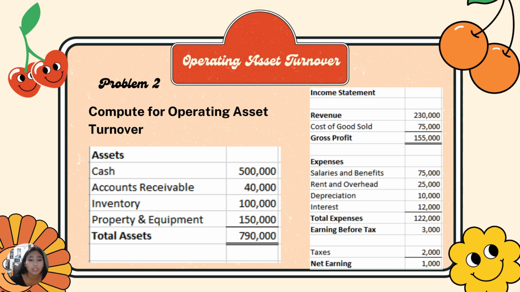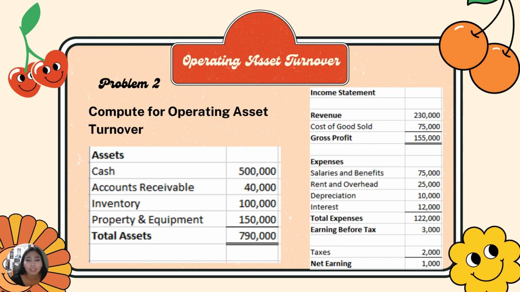So ang total asset is 790,000. Here in sa income statement, ang revenue is 230,000, cost of goods sold is 75,000. So ang gross profit is 155,000, nilas lang ng revenue sa cost of goods sold.